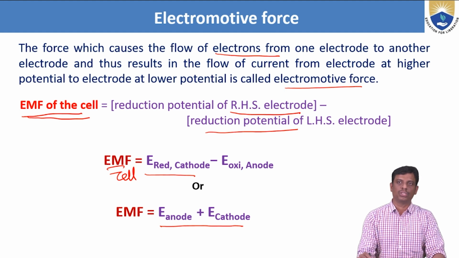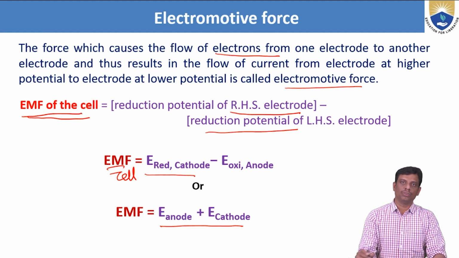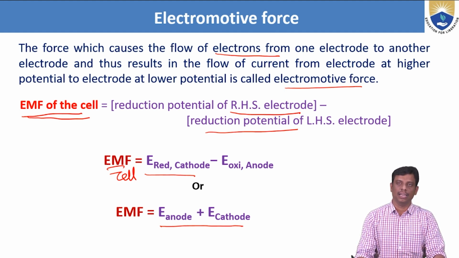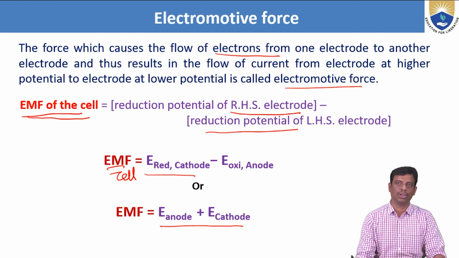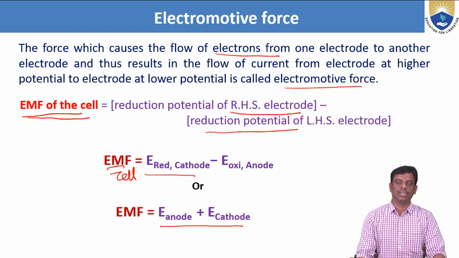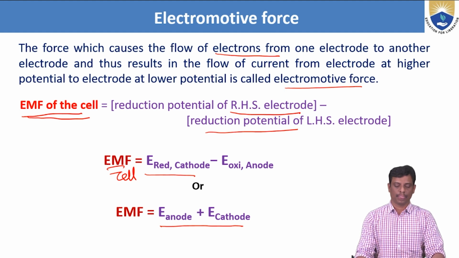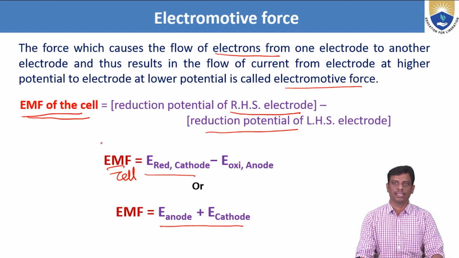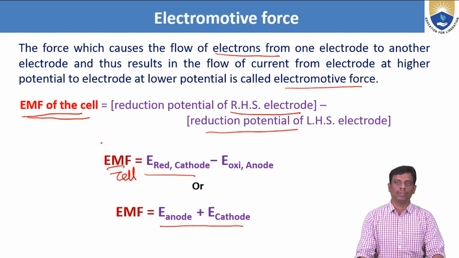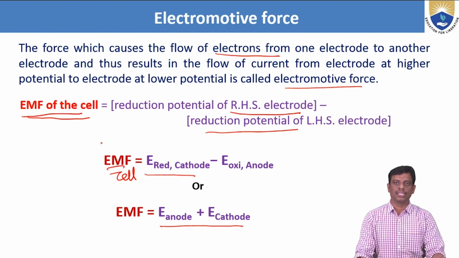The electromotive force is always very close to the cell potential, which is why we also call it the cell potential. In any electrochemical cell having two half cells, the potential difference between the right hand side electrode and the left hand side electrode is represented by the EMF of the cell.